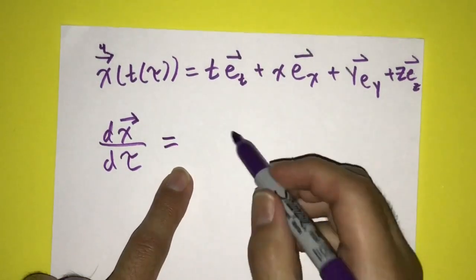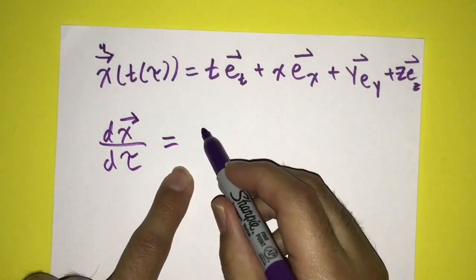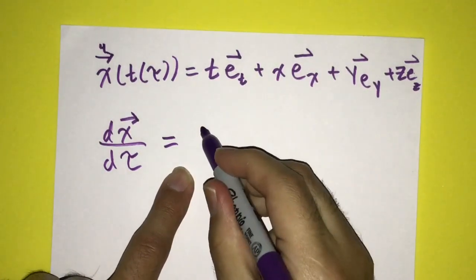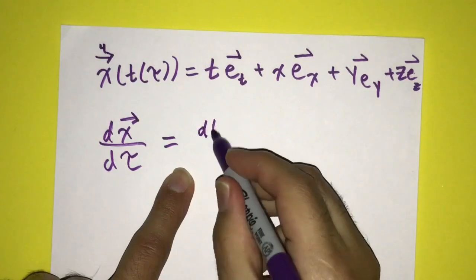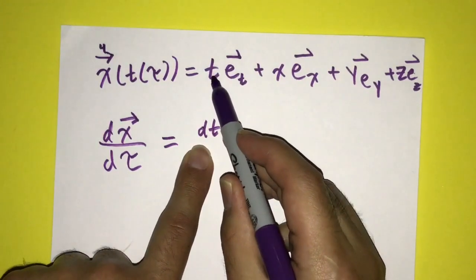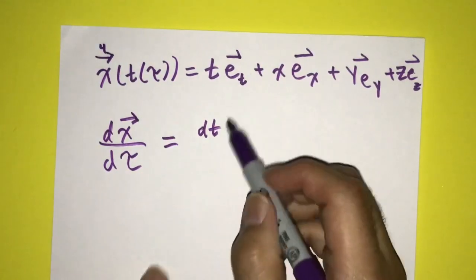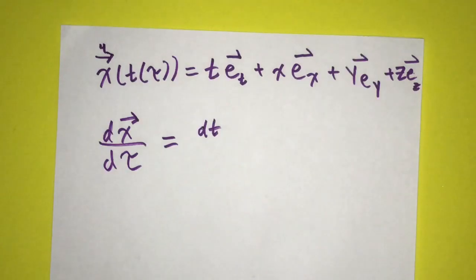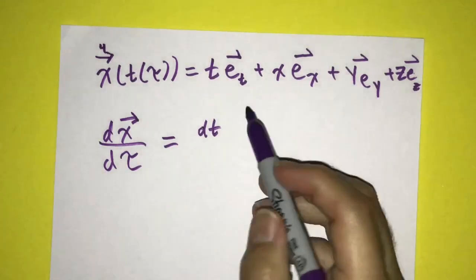We're going to take the derivative of these coordinates with respect to proper time, but this is going to come out of that. We're going to have to use the chain rule. So let's see what we get.